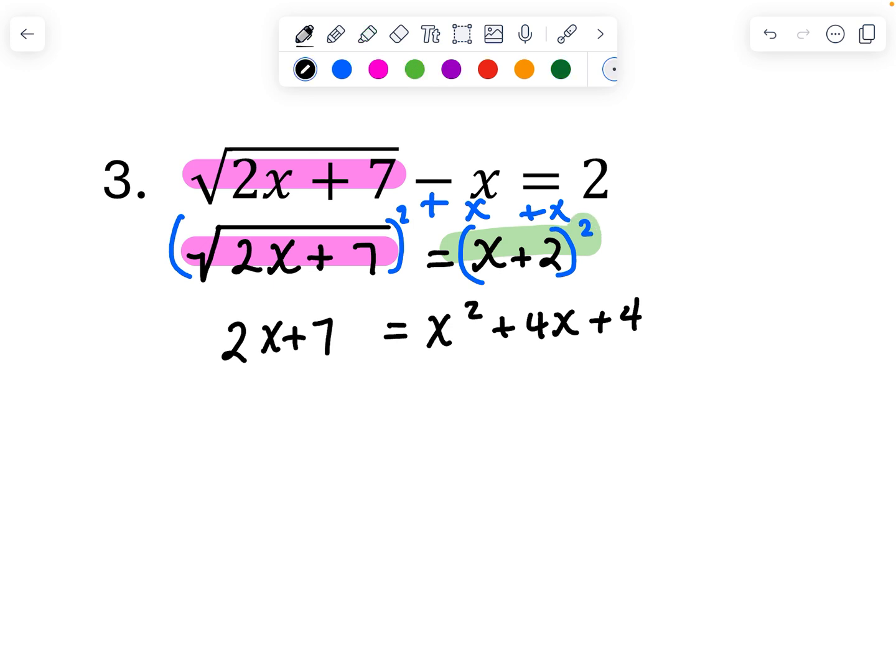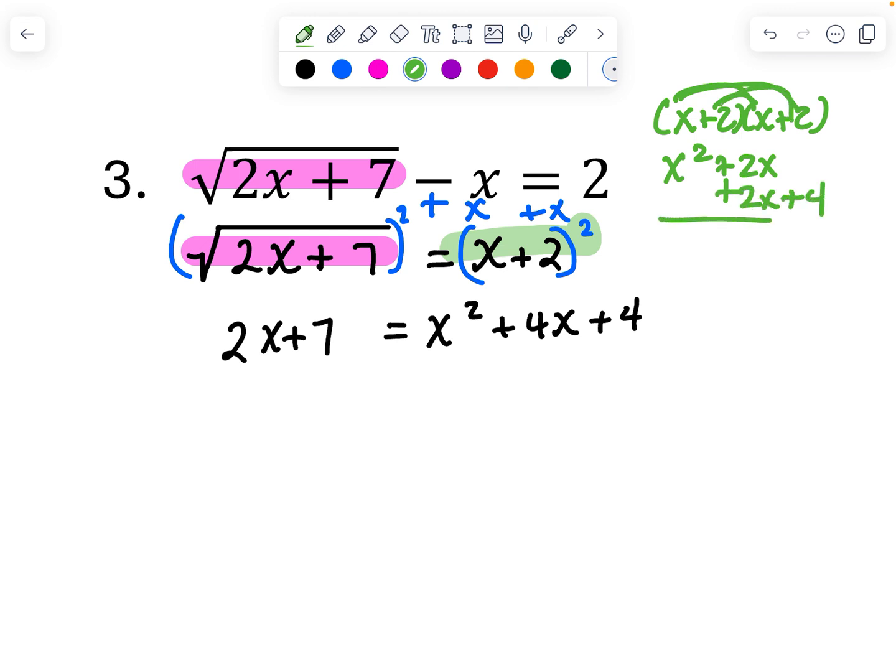If you struggle with that piece, please remember that means x plus 2 times x plus 2. That's x squared, that's 2x, that's 2x, that's 4, and that is where I have x squared plus 4x plus 4. I just did it without doing any of the green work.